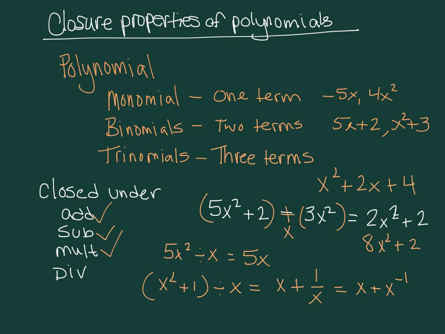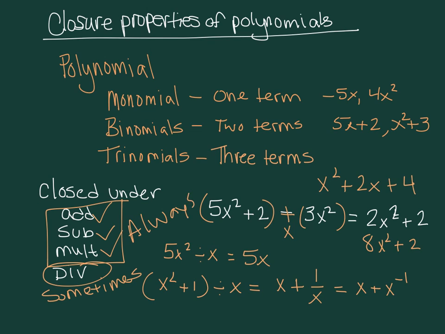It has to be all positive exponents, or 0, excuse me. So 0, 1, 2, 3, 4, 5, any of those, but it cannot have negative exponents because that kicks it out of being an actual polynomial. So therefore, yet again, it's sometimes closed under division, okay? So polynomials are always closed under add, subtract, and multiply, and sometimes closed under division.